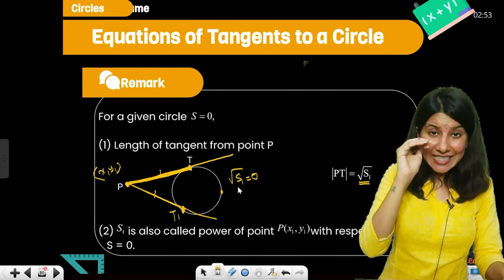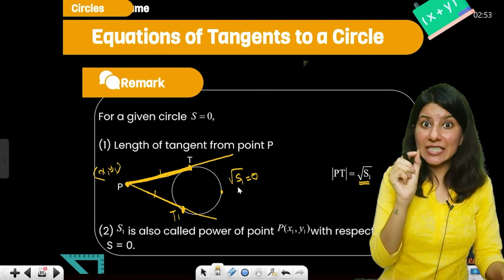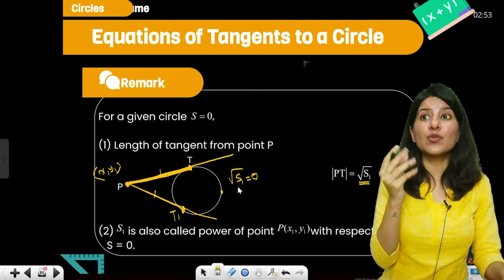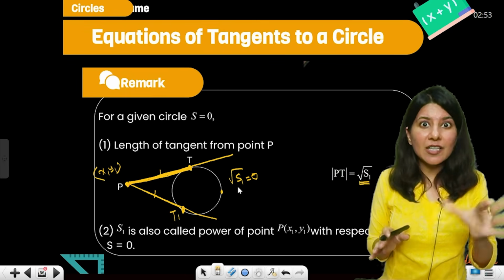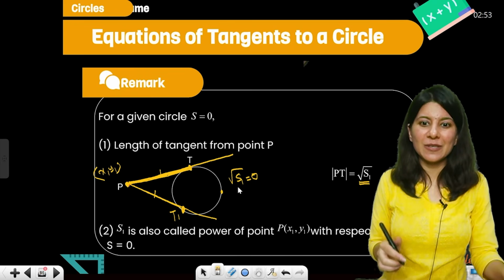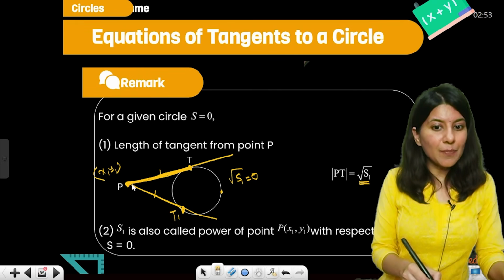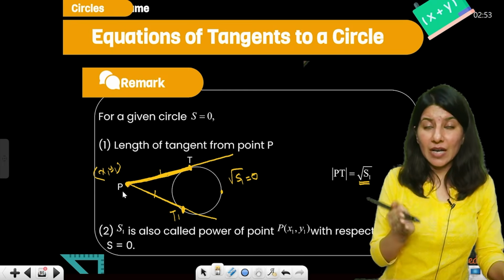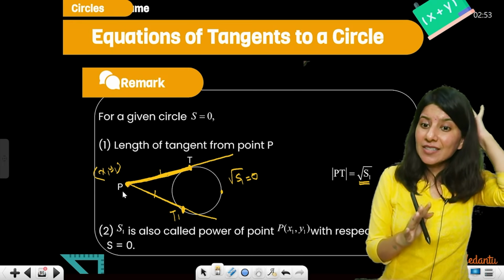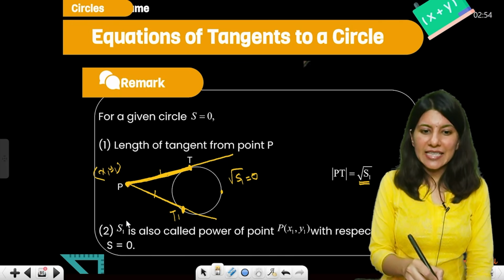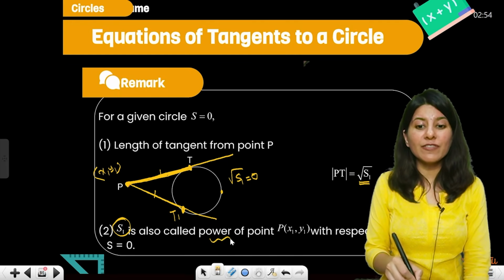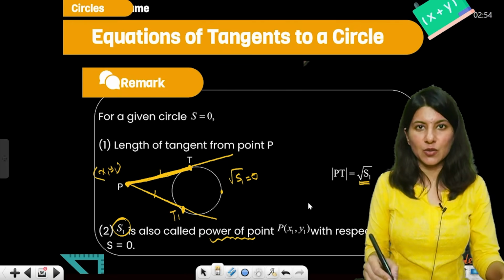If a point lies inside the circle, S1 becomes negative, and the square root of a negative does not exist. Length of tangent is not defined because from an internal point you cannot draw any tangent. So only if a point lies outside the circle, root S1 is the length of tangent. And this S1 is also called the power of a point with respect to the circle.